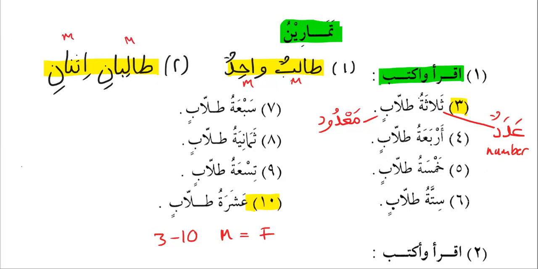So we do this with all of the words. For example, قلم واحد. Then we say قلمان اثنان. Then we say ثلاثة أقلام, أربعة أقلام, خمسة, all the way to عشرة أقلام.